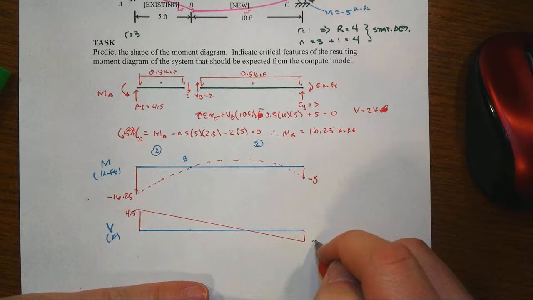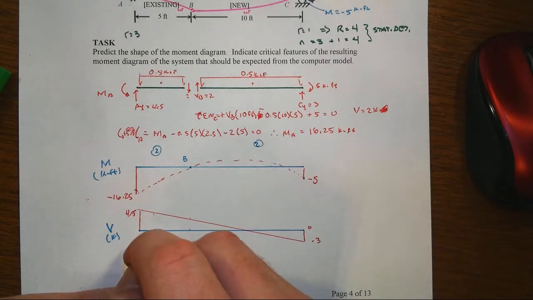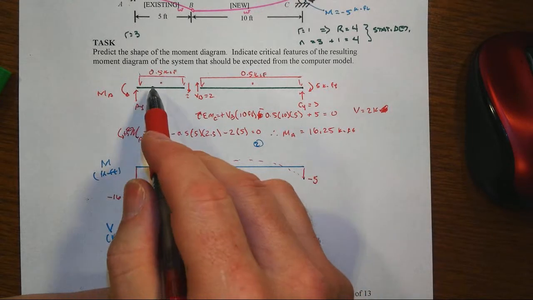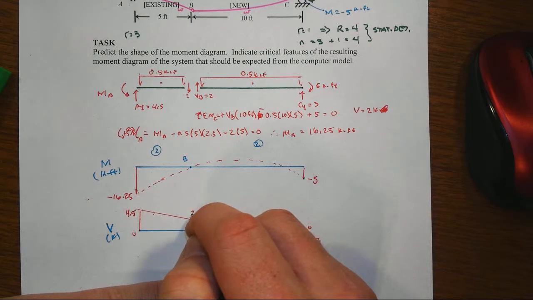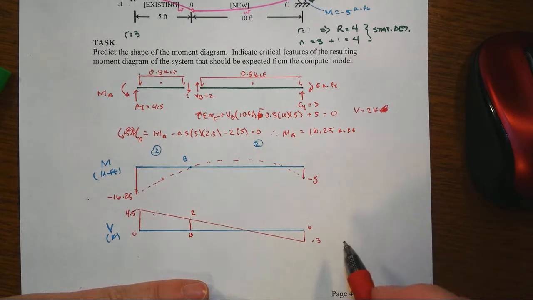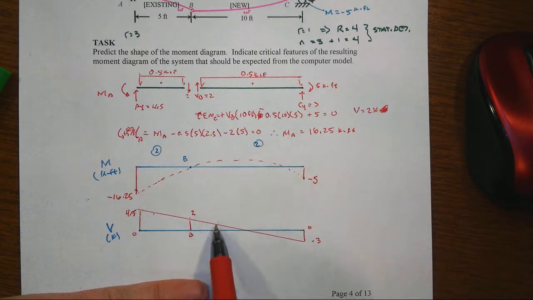How do I know? Well, it had better be because of the reaction that's there, but how do we really know? Well, again, 4.5 minus 0.5 times 5 will take us to 2 right at point B, and then we go 10 times 0.5 negative as a change, so negative 5 down to there, bam, that's really the way it works.